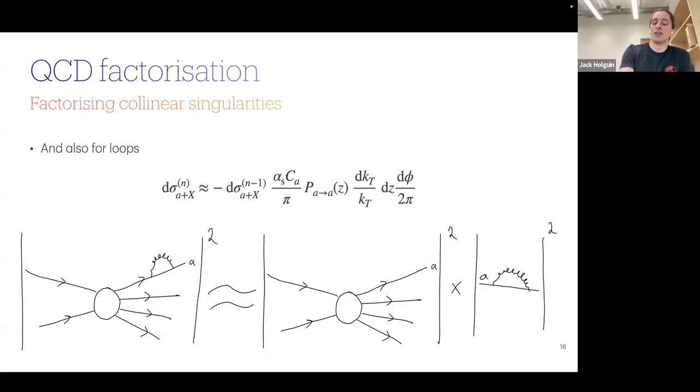A loop on particle A can be factorized as the process without that loop times a splitting function describing the loop momentum.